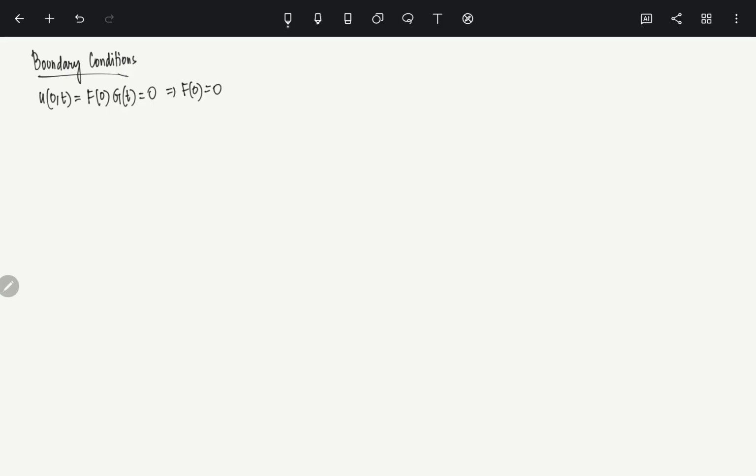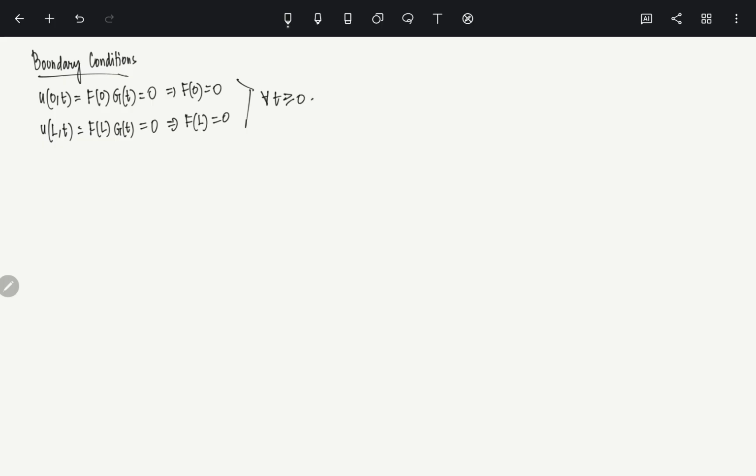Since if g of t is 0, then the solution is going to be 0, but we have assumed that it may not be 0. Now u of (L, t) equals f of L times g of t, which equals 0. So this will imply that capital F of L is 0. Again, a similar thing. So this holds for all t greater than or equal to 0.